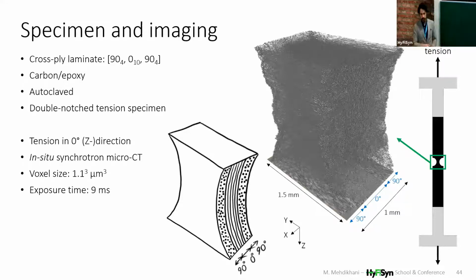But here in this case, we want to look at the damage, basically transfers, matrix cracks, and delamination in such a specimen. So during the scan of the specimen inside synchrotron, we apply tension to the specimen and we look at this tiny region via synchrotron computed tomography.